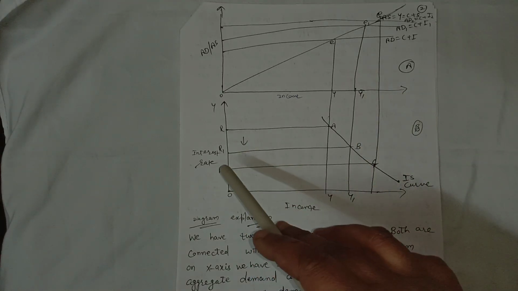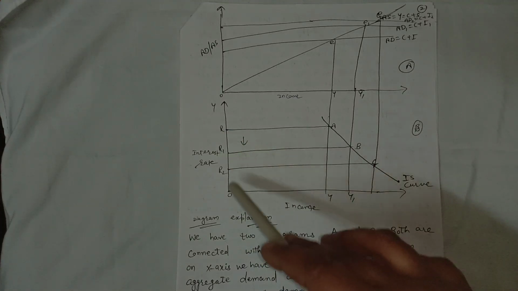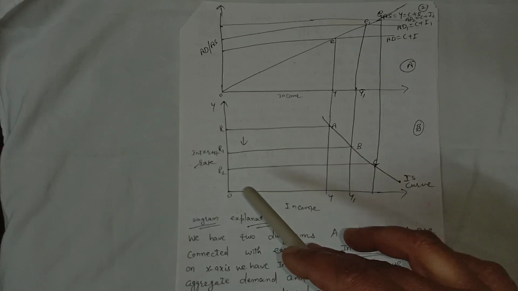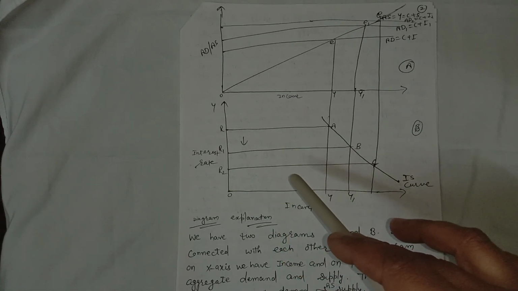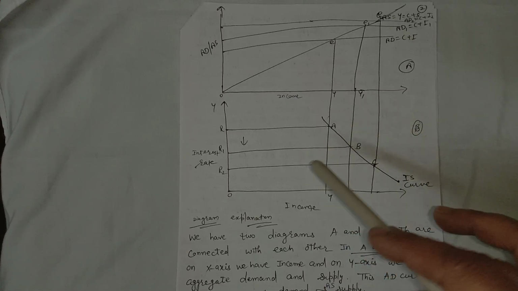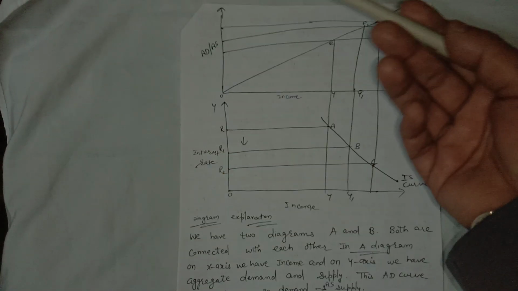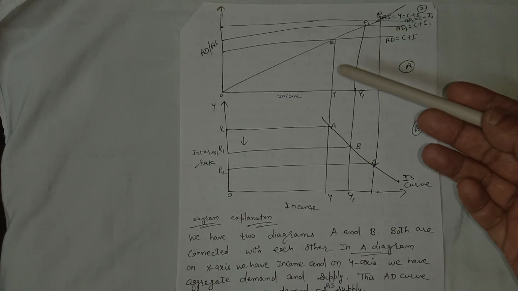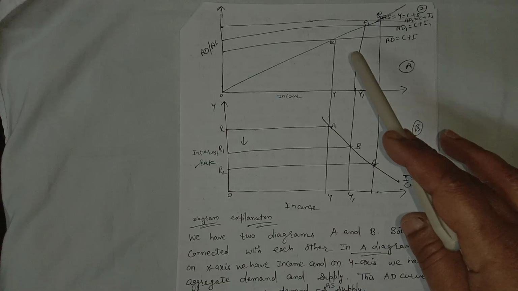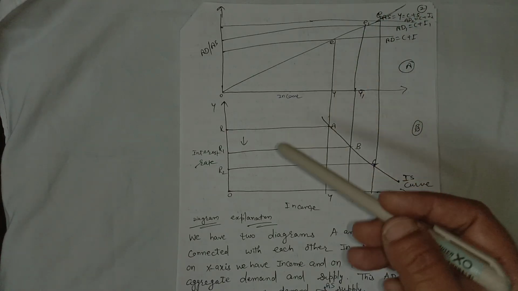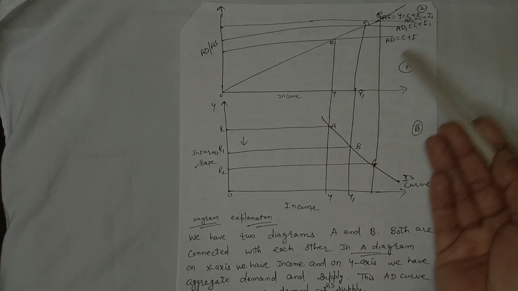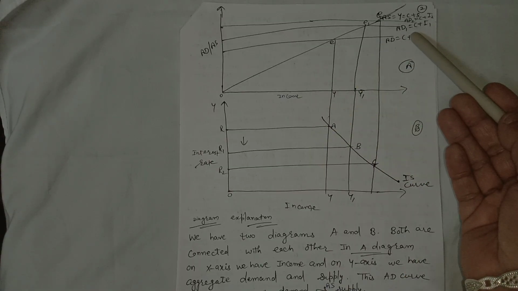Now suppose the interest rate falls from OR to OR1. When the interest rate falls, investment increases. That means aggregate demand will also increase. So our aggregate demand shifts forward from AD to AD1.